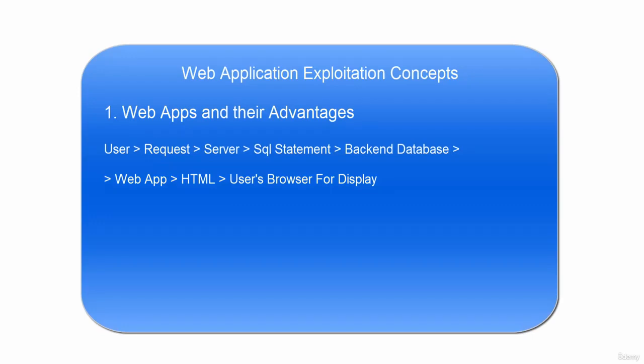When a user makes a request, the server-side code processes it and generates a SQL statement. This statement is sent to the backend database, which retrieves the requested information and sends it back to the web application. The web application then processes the response and creates user-friendly HTML code. This code is finally sent to the user's browser for display.